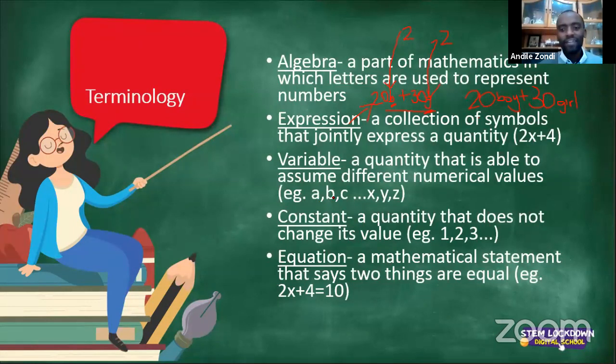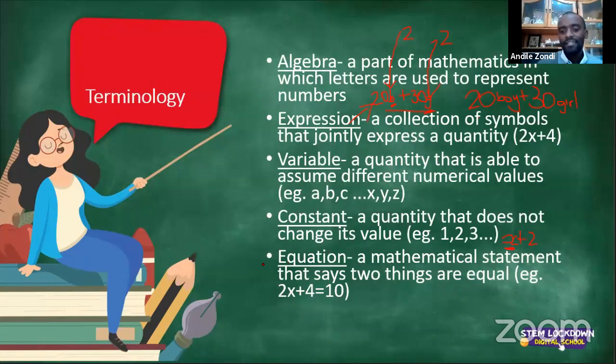So these are variables. A, B, C, E, F, G, X, Y, Z, those are all variables. And then a constant. A constant is a quantity that does not change. For example, 1, 2, 3, and so on. If I have an expression that says X plus 2, X can change because X is a variable, but 2 cannot change, so 2 is a constant in this case.